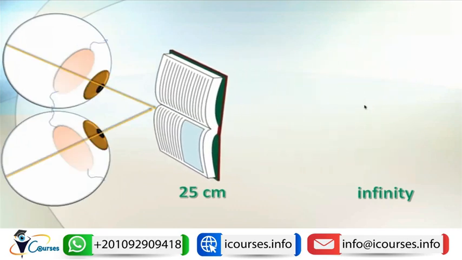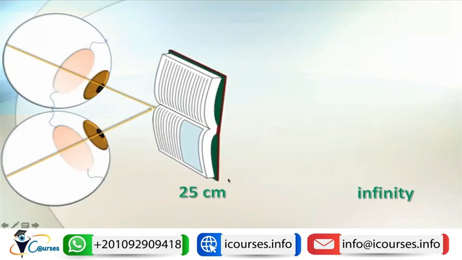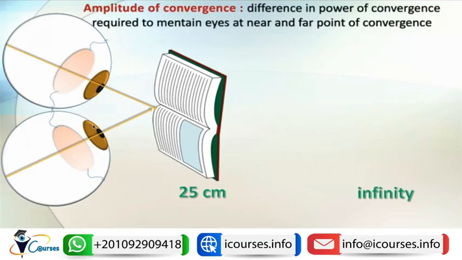When we approximate the book, both eyes converge. So when the eyes converge at 25 centimeters and further convergence of the eyes will cause diplopia, then this will be called the near point of convergence. The difference between the convergence at the near point and the far point will be called the amplitude of convergence.